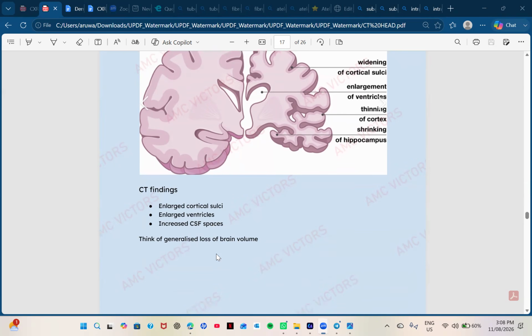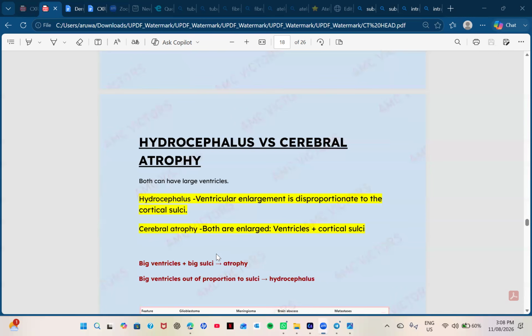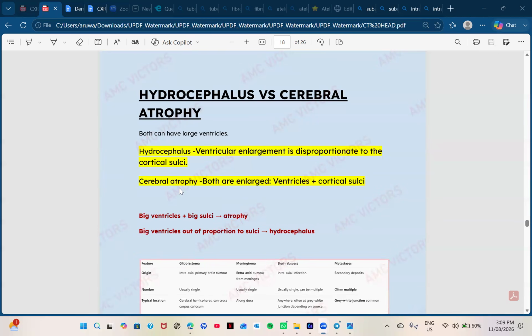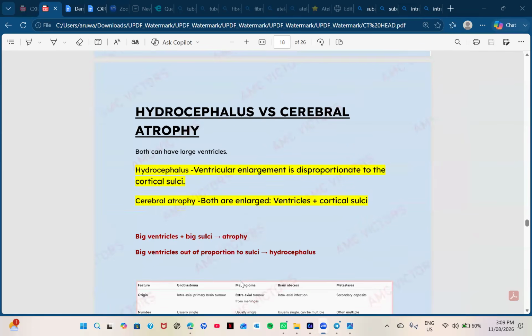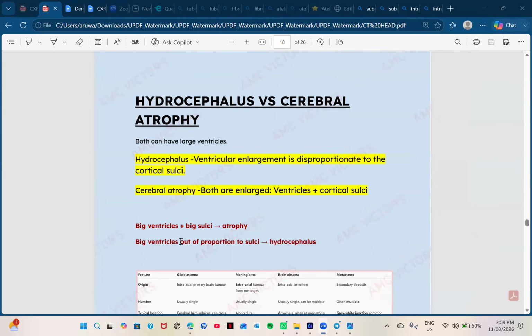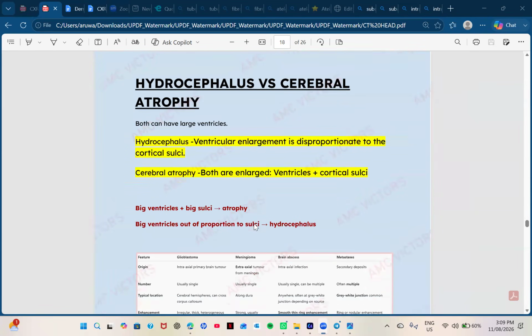You can see, right? Okay, so how should you differentiate hydrocephalus versus cerebral atrophy, because both have big ventricles, right? The dilations can be present. If it is big ventricles with big sulci, you can think about atrophy.